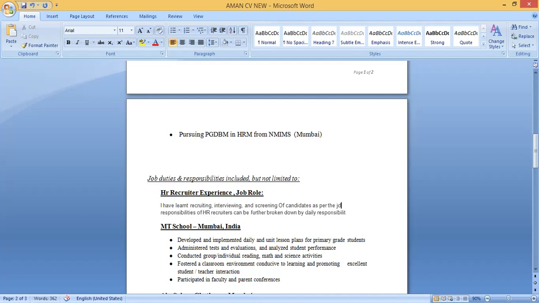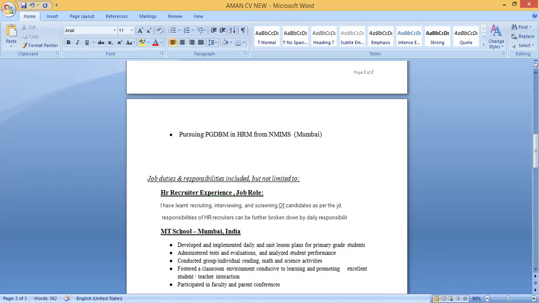This is how you can make it very specific. Now when the hiring HR goes through your resume and reads it, yes, you're meeting his needs. All right. So this is for the fresher, and if you're experienced, you can write the same way in a different text, with a different wording. See, the meaning is the same, you're just changing the words.